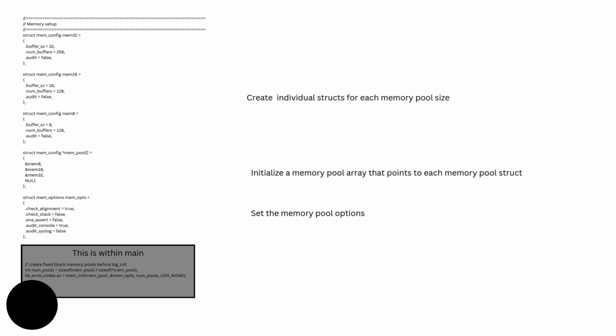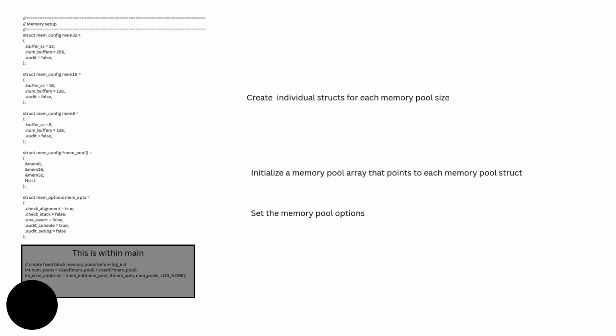Not important right now. So each of these memory config structs were put into this memconfig mempool struct array of pointers, starting from the smallest going to the largest, and the last one was always null in here, so we knew that we were done.